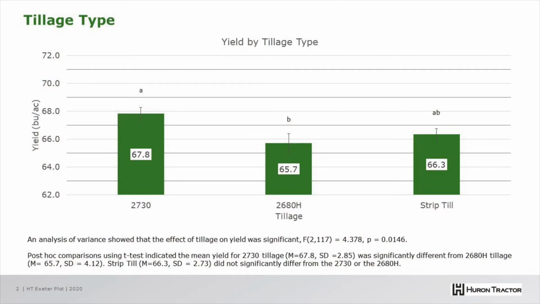So looking at tillage across the plot without taking into account any interactions, we saw a significant difference where the 2730 disc ripper out-yielded the 2680H. However, the strip tillage did not differ from the 2680H or the 2730.